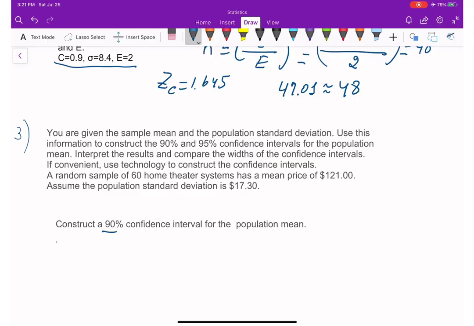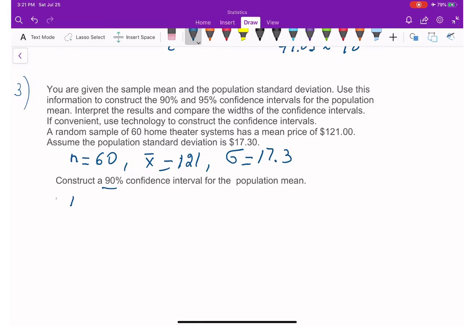A random sample of 60 homes, n is equal to 60, let me write that down right here, home theater system has mean price 121. Assume the population standard deviation, which is sigma, is 17.3. Okay? So, since we need to construct 90%, our confidence level is 0.9, 90%.